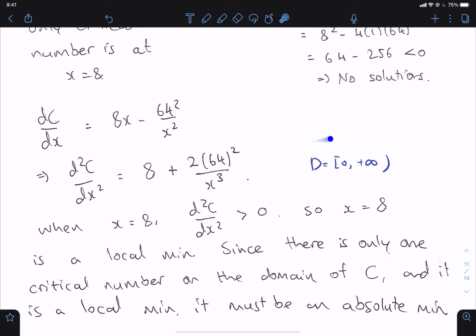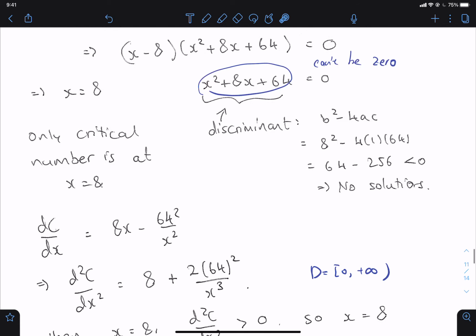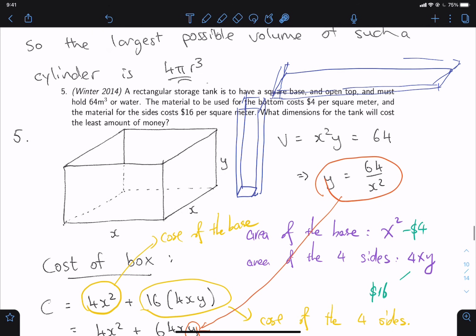How do we determine the domain of the function? We go back to reality and see how we can construct this box. In the previous question, how we can construct the cylinder. It can be very skinny or very flat, and that gives us the domain. And in this question, the same thing is true.